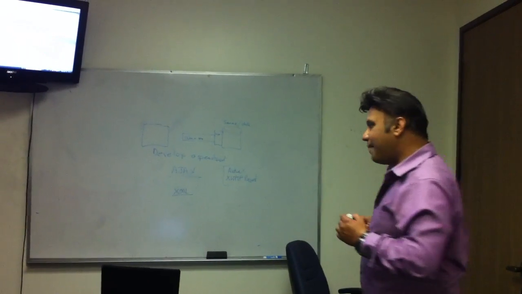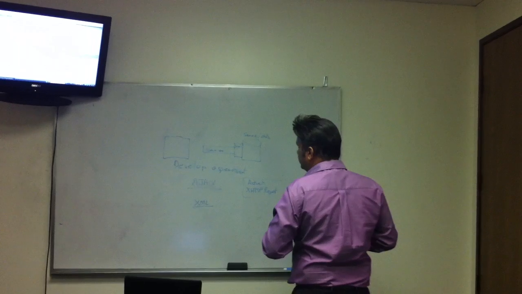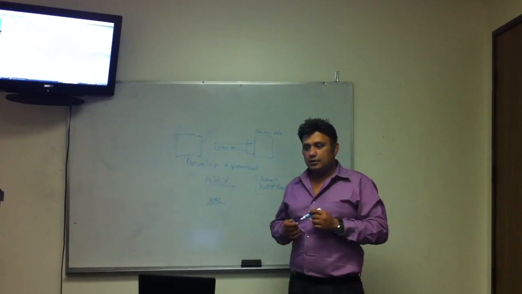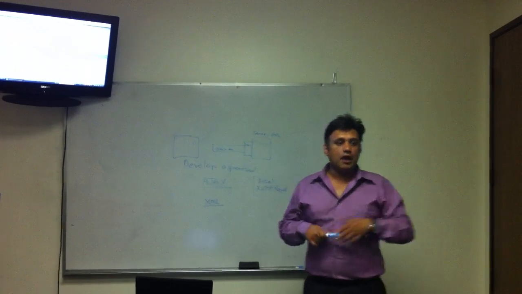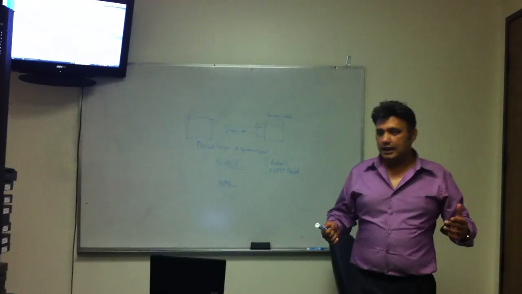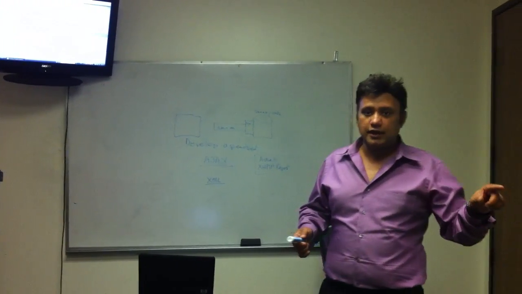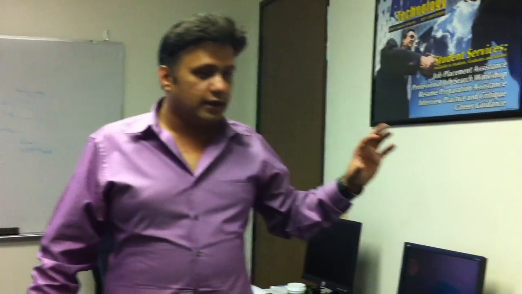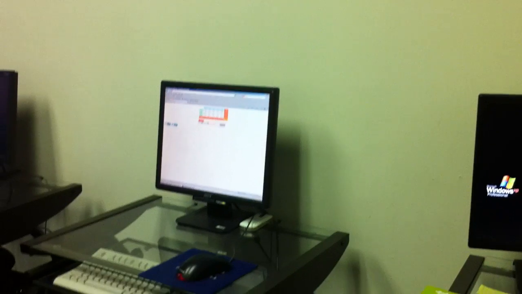So in a web-based application, of course, you will have to start out first by designing how your page is going to look. In our application, because it's a spreadsheet, we're going to go ahead and create a table.